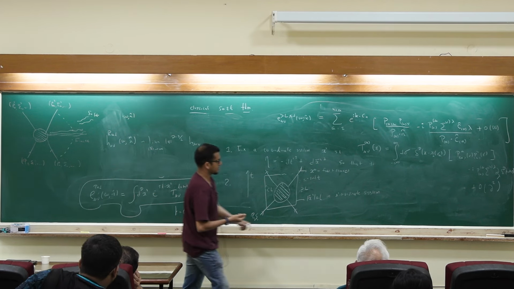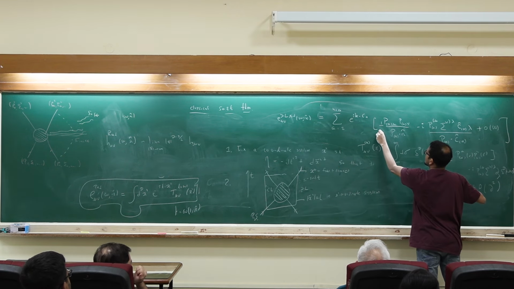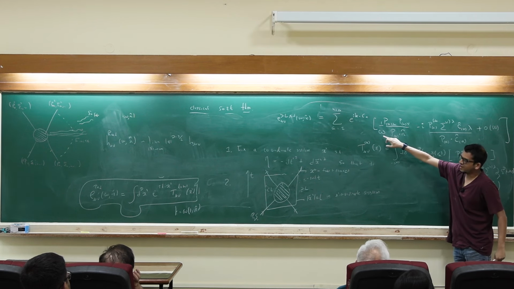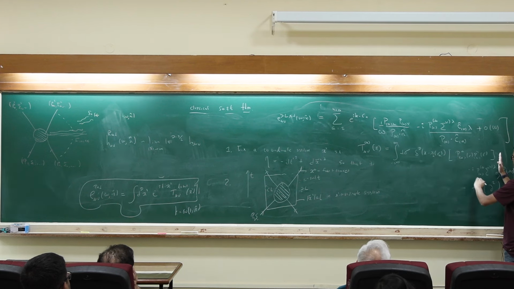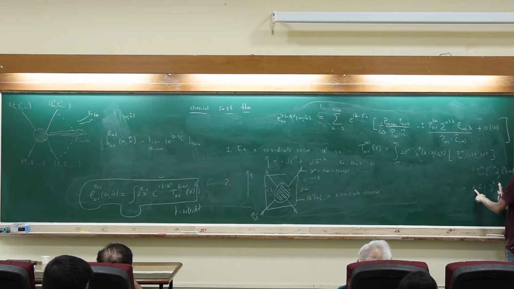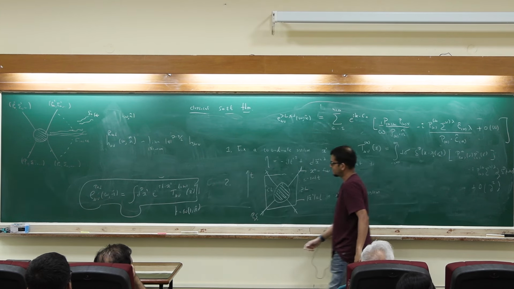So if the first term, with no derivative hitting, goes as 1 by omega, then this term will go as order omega to the 0, and all the next terms will go as order omega and higher. So if you are interested only in the first two terms, we will not worry about this. That just follows from meditating over this equation.